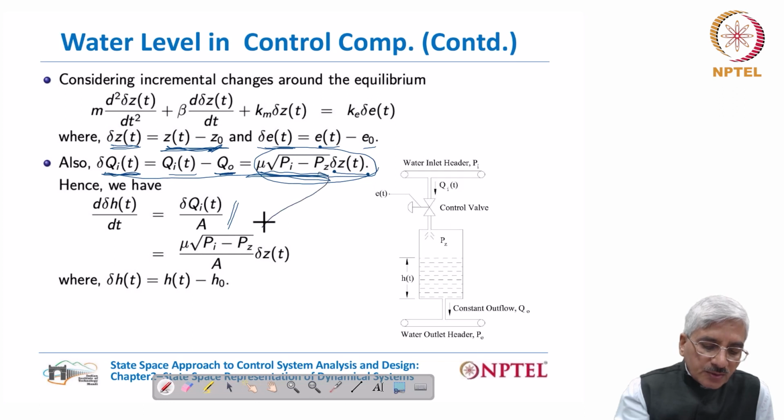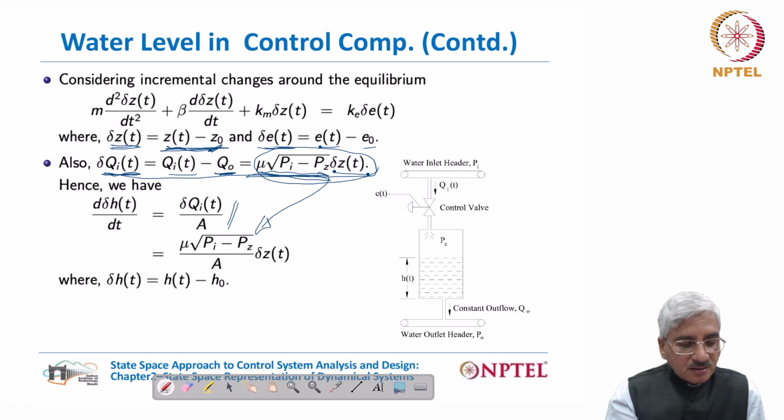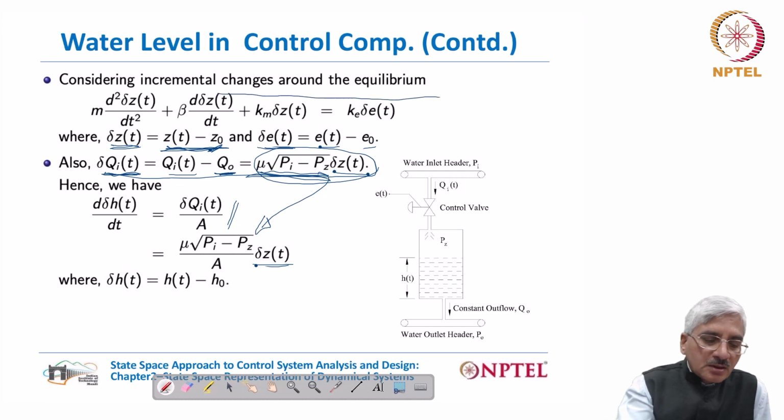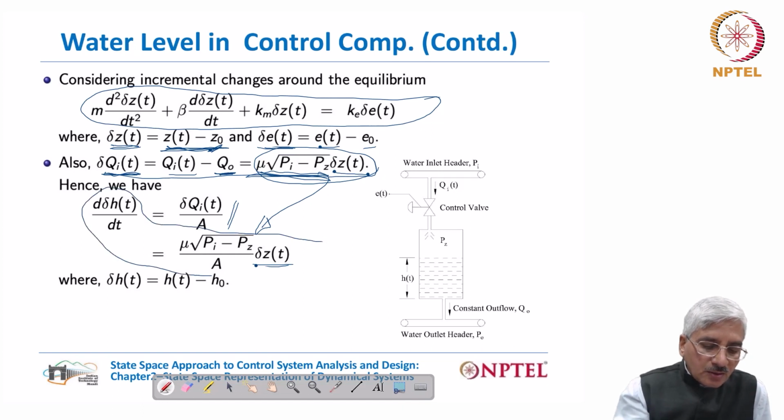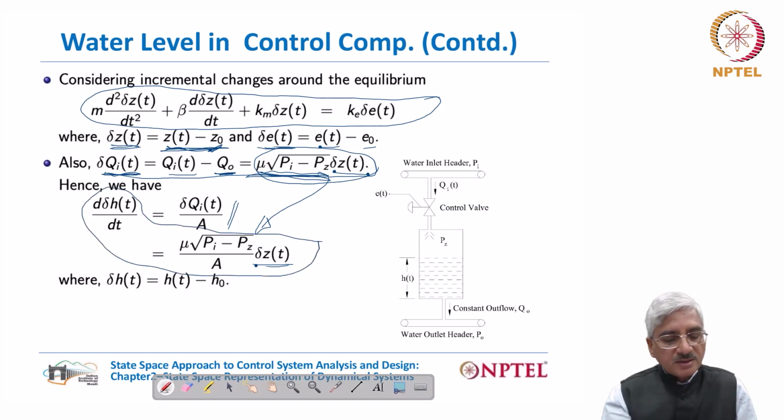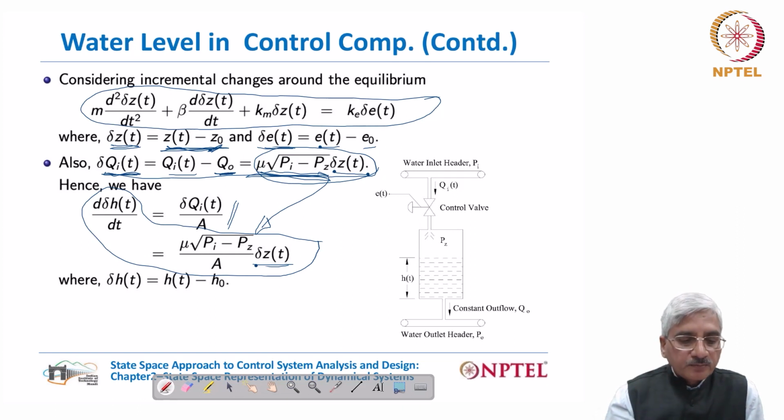So this we substitute here and we get d delta H(t) by dt equal to mu root (Pi minus Pz) divided by the area of cross section into delta Z. So we got the two linear equations. One, this equation, which is for the control valve, and one, this equation, which is for the liquid level variation in the zone control compartment.